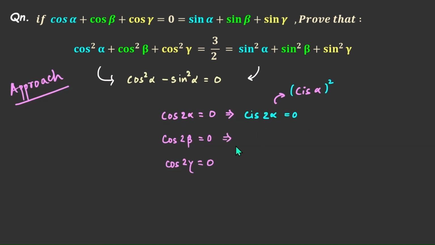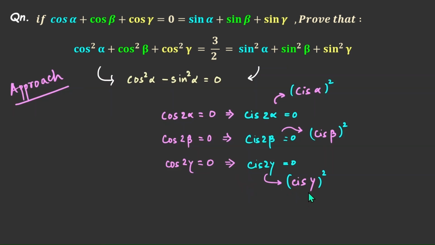And similarly, cis 2 beta is equal to 0 would come from cis beta whole squared, and cis 2 gamma is equal to 0 would come from cis gamma whole squared. And if you see this equation properly, somewhere we're also talking about cis alpha here, cis beta here, and cis gamma here.